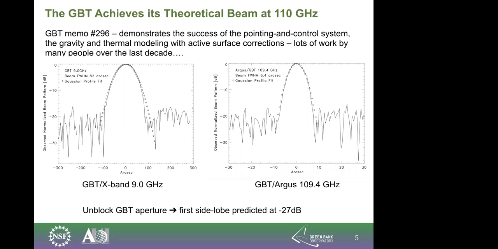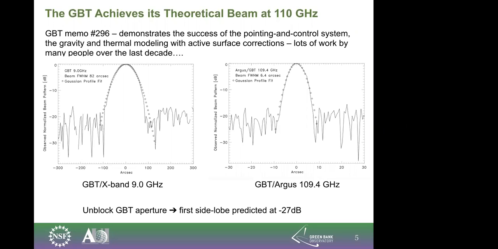The two figures shown here are the GBT theoretical beam at X band, which is 9 gigahertz, and then at Argus, which is at 110 gigahertz or so. As you can see, the theoretical beam really matches what we're measuring with these two receivers.